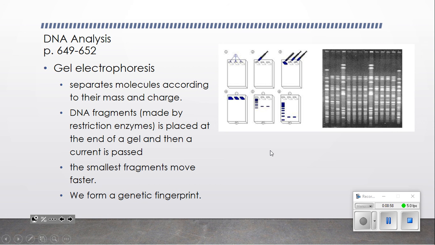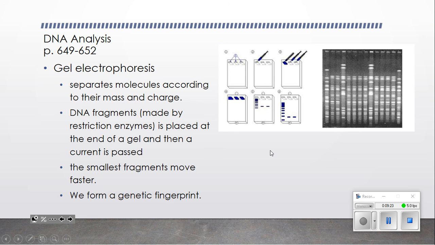The smallest fragments move faster, so really small fragments will move really far, so they'll get maybe almost all the way to the other side of the gel. The idea is that the banding pattern that we get, based on how far each fragment moves through the gel, gives us a genetic fingerprint.